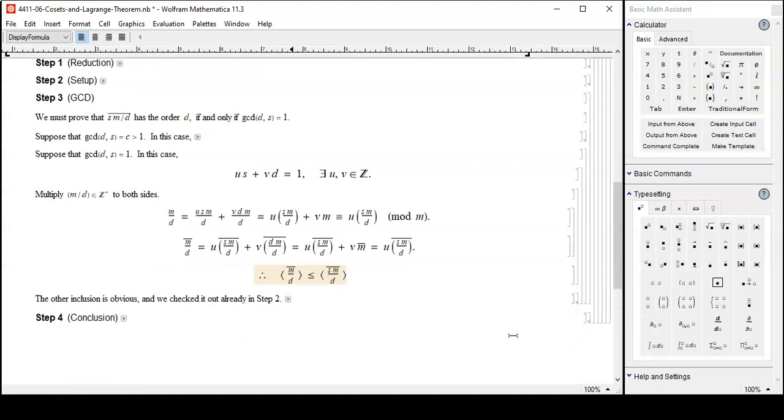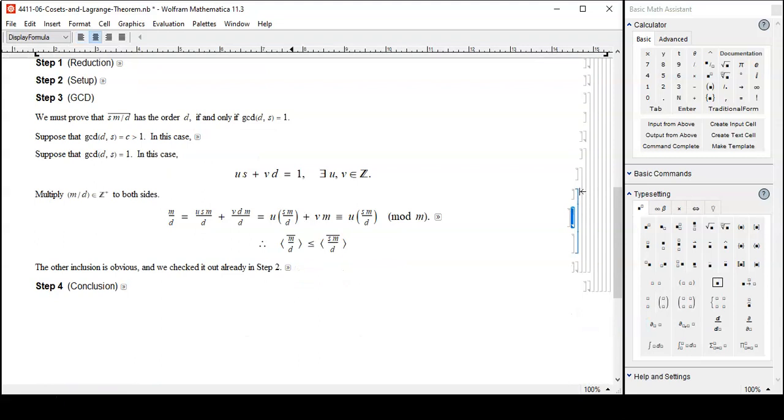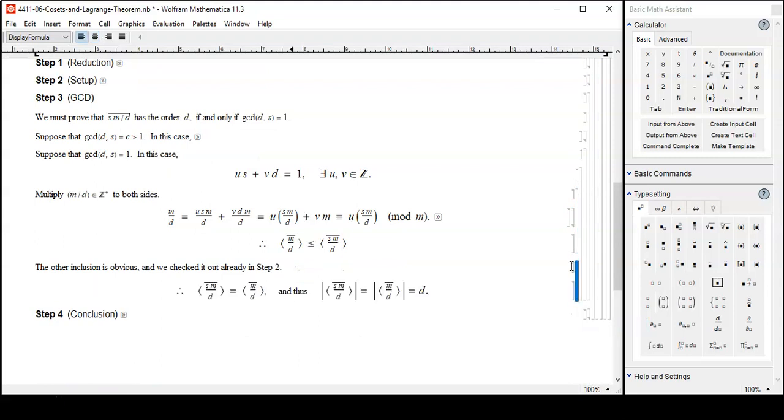That's what I got. But then again, oh, I need this bigger font again. The right-hand side subgroup is S times this one here. So we have the other inclusion as well. So they have to be equal to each other. And then the order is d. You see, we studied this cyclic subgroup generated by m over d bar or q bar.